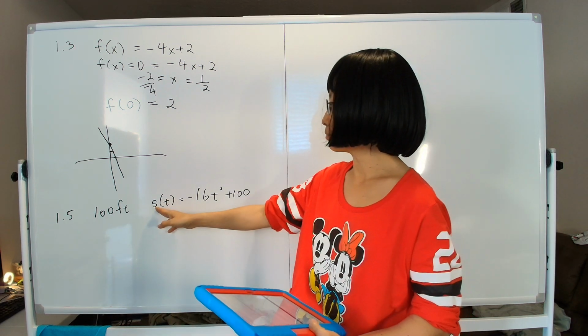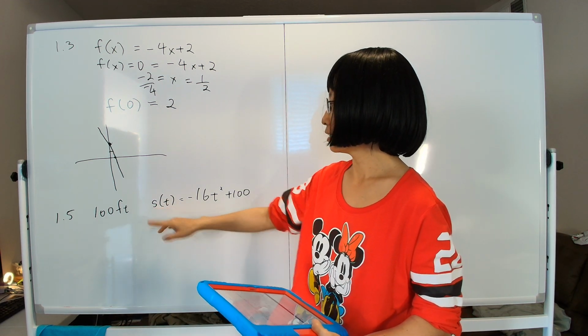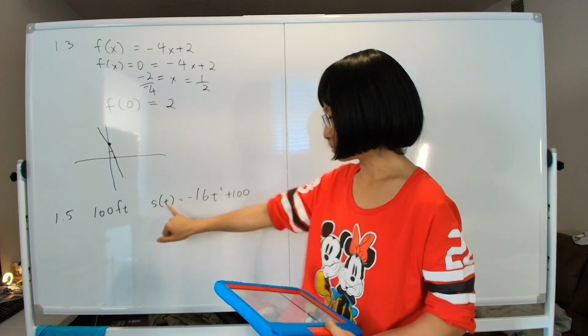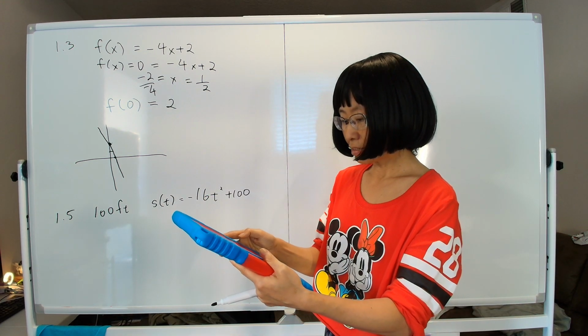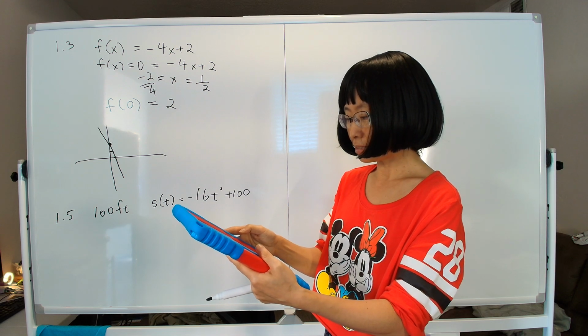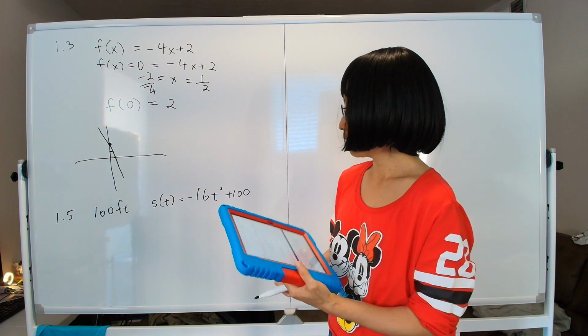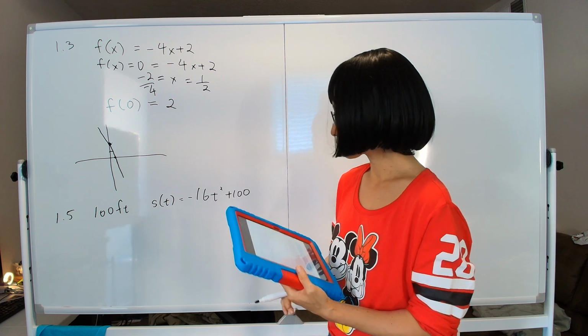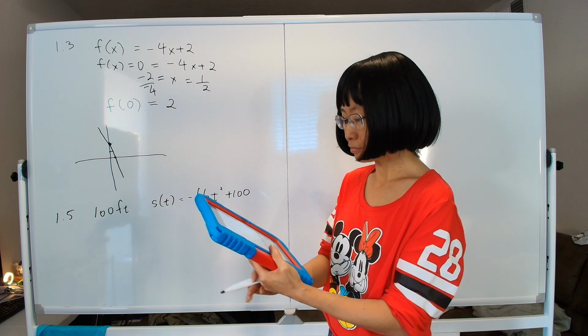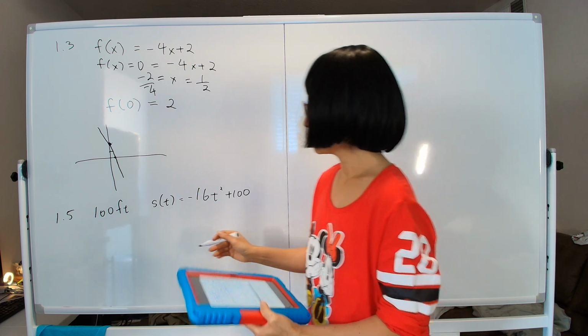And the distance from the ground, you see when t is 0, s is 100, right? Because like we said, it starts at 100 feet. So we are supposed to create some kind of a table, all right, to represent the graph. Okay, so we'll do some kind of table.